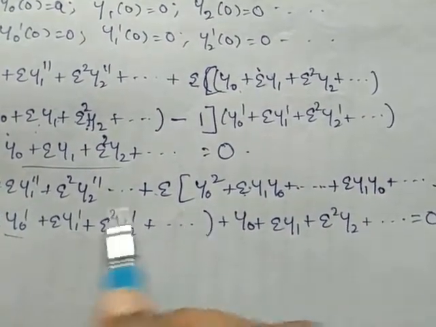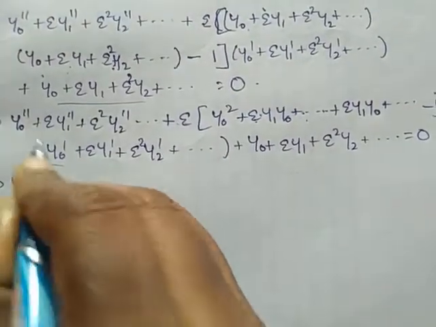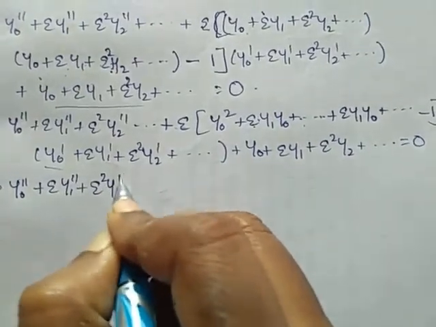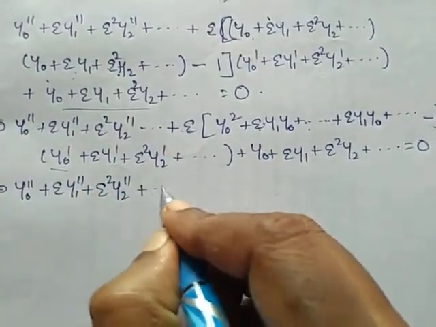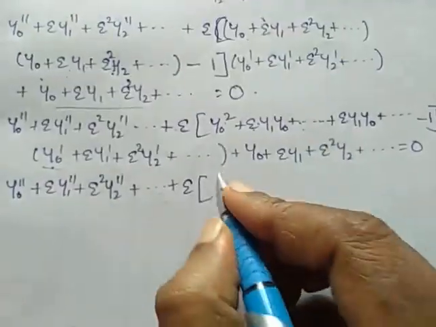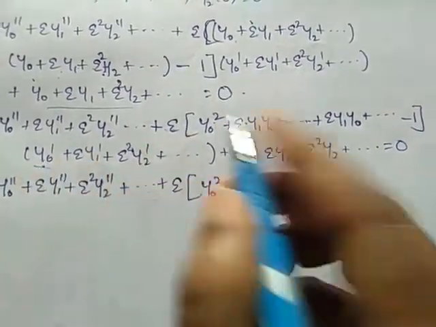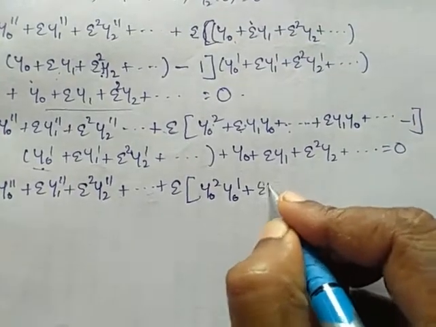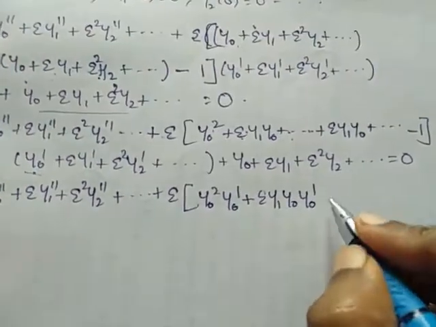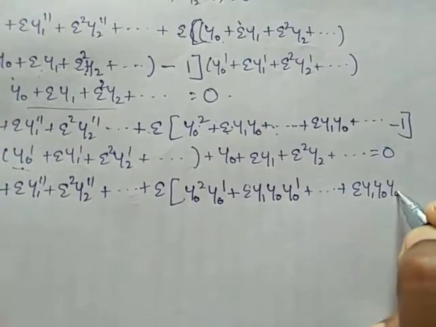Now we have to multiply this with this equation. We get y naught double dash. The first term remains as it is, with no simplification. And here we are going to multiply y naught dash with these terms. So y naught square into y naught dash plus epsilon y1 y naught dash into y naught etc. plus epsilon y1 y naught dash.